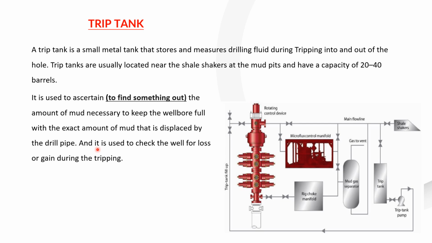So this calculation also maintains how much is lost. If it loses drill mud, the amount it gains should be equal. Actually, the mud volume the trip tank pumped to the hole at the time of tripping, the return mud after the drill pipe is lowered into the hole, should be the same as what was pumped earlier. Okay.